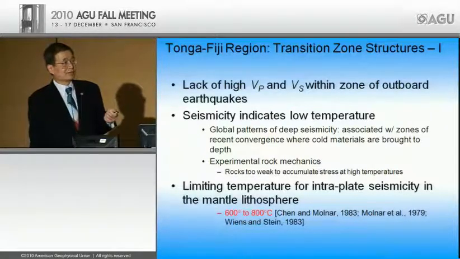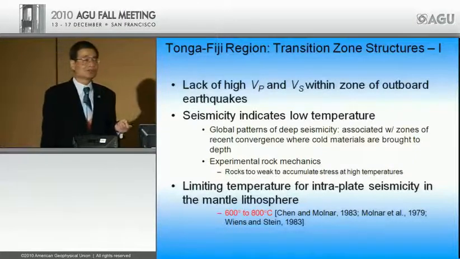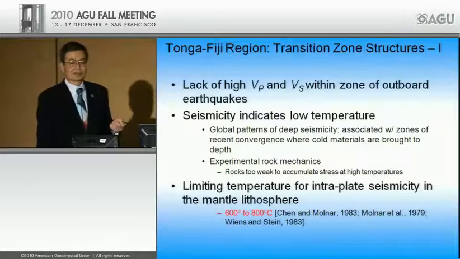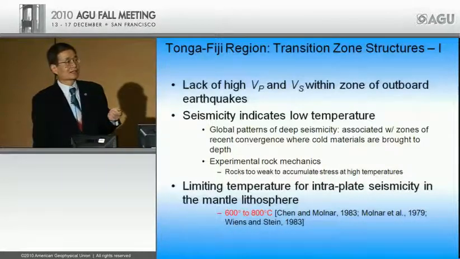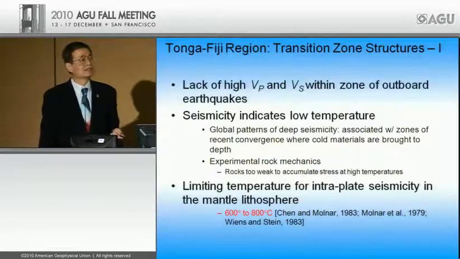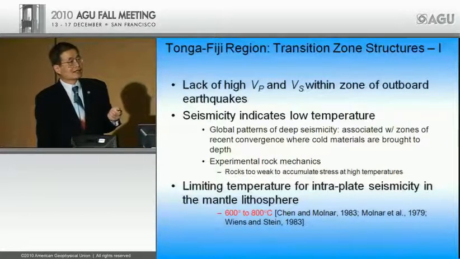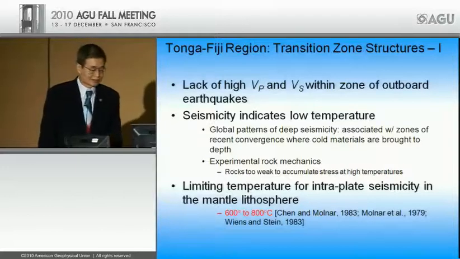Also, from experimental rock mechanics, we know that at high temperatures, rocks are just too weak to accumulate stress, which is needed to generate earthquakes. In fact, in a different tectonic setting, intraplate earthquakes in the interior of oceanic plates tell us that the limiting temperature in the mantle under near-surface conditions is about 700 plus or minus 100 degrees centigrade or so.